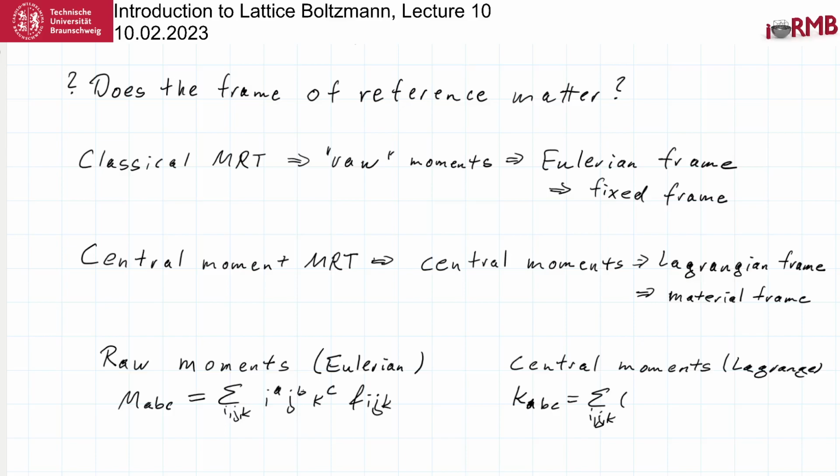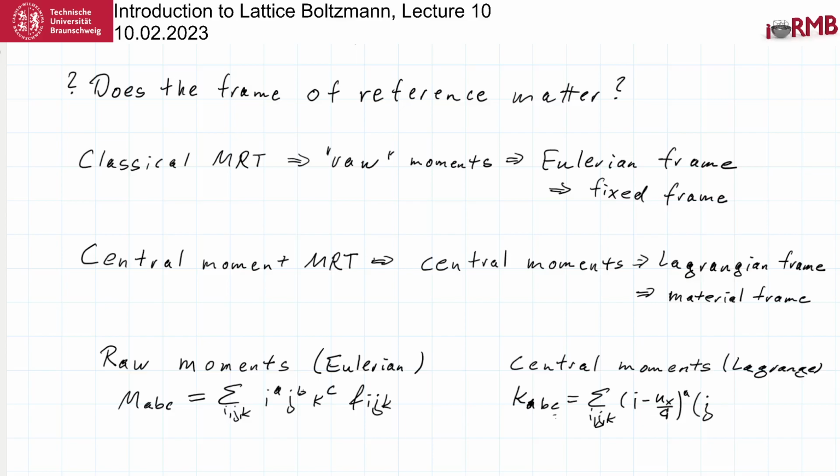And now we want to move this frame to the frame moving with the fluid. And this is done. So we have to move i, and we move i by subtracting u_x and divide by c. c is not the c that is written here, but c is the lattice speed. So I write it a little bit different, and I'm running out of letters here. So we modify i in this way.